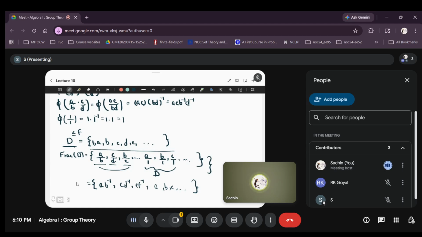So you can simply construct a field containing that ring by taking all the products of each element in the ring with inverses of elements also. In that way, you can construct the field containing that ring. You don't have to bother with fractions anymore. Okay, that is the field of fractions.